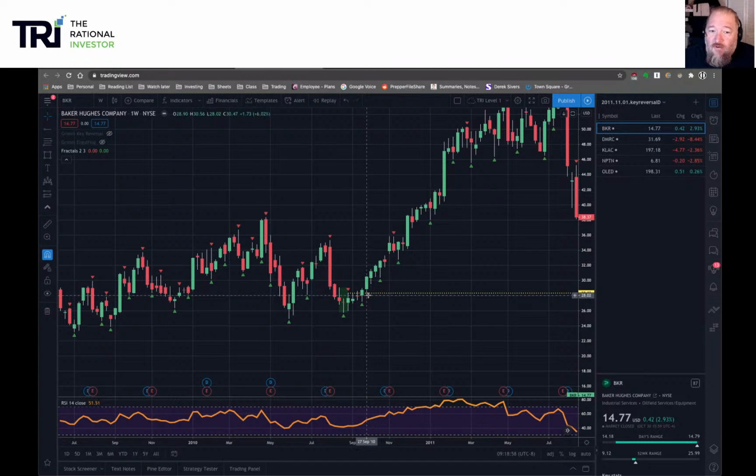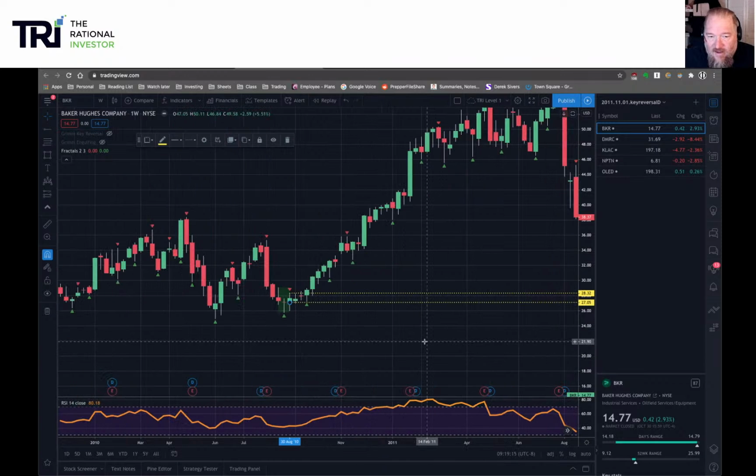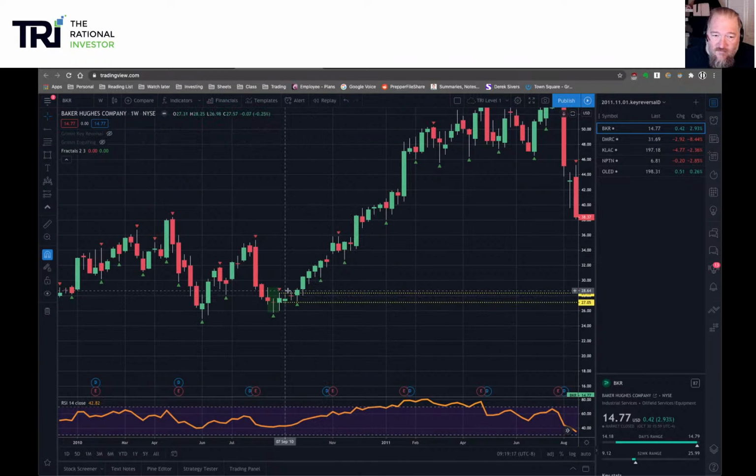Now, where do I put my bids? Again, where I like to get in on the trade is if we have a fractal, I wait for price to move above that point, and then I put a bid in at the candle body open of the candle that confirmed it.